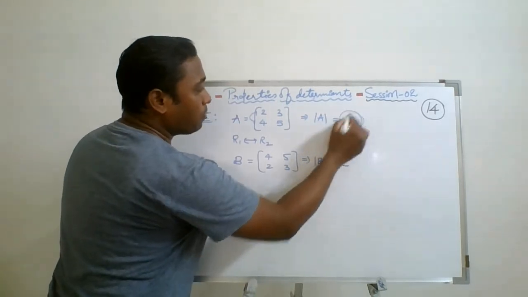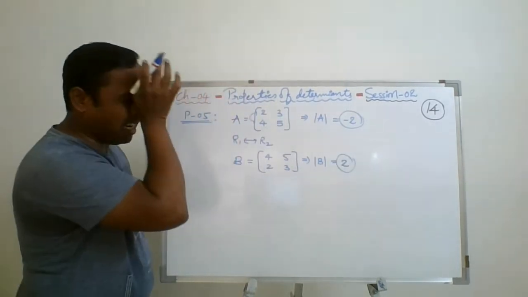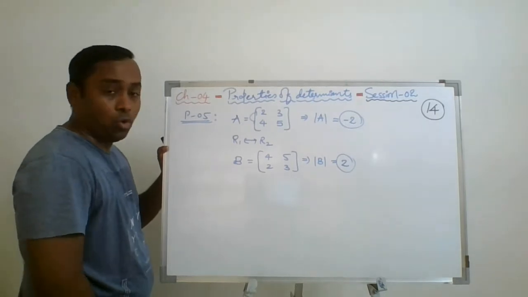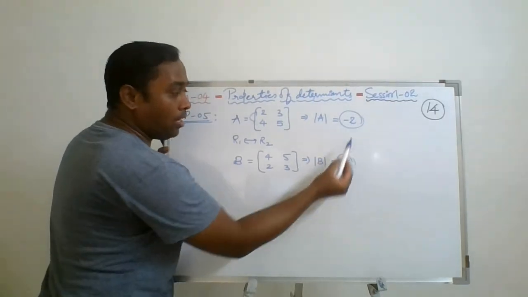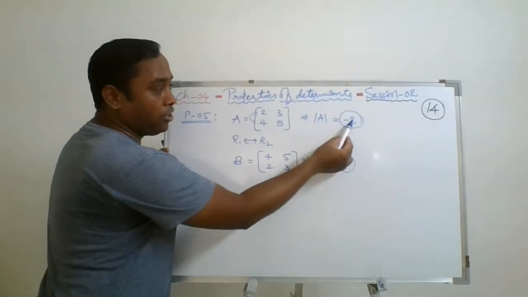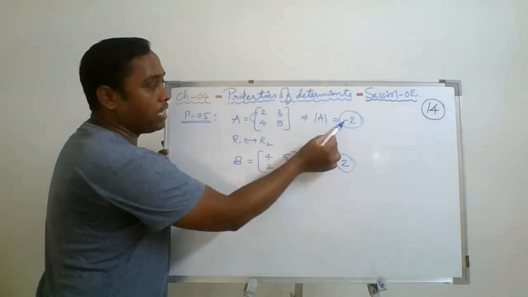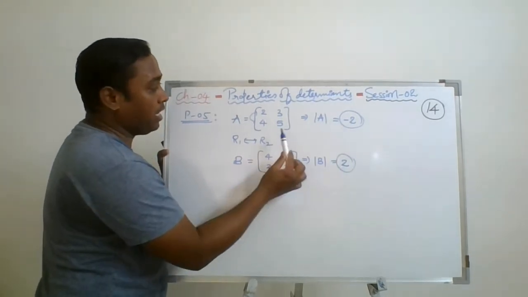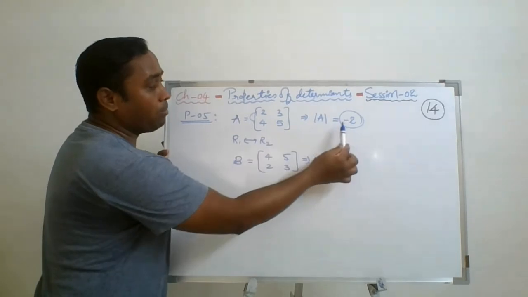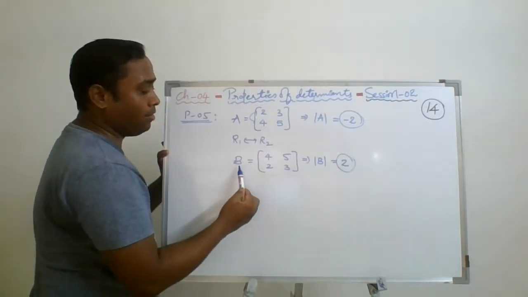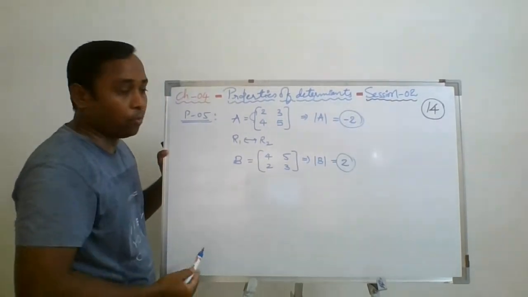So what we have observed is that the value of the determinant after interchanging the rows is numerically the same, magnitude wise they are the same, they differ by a sign. If the det value of the first matrix is minus 2, the det value of the second matrix is plus 2.